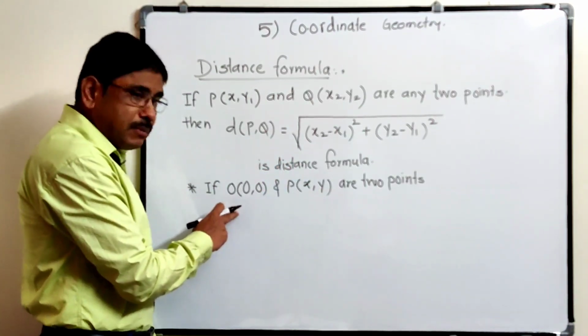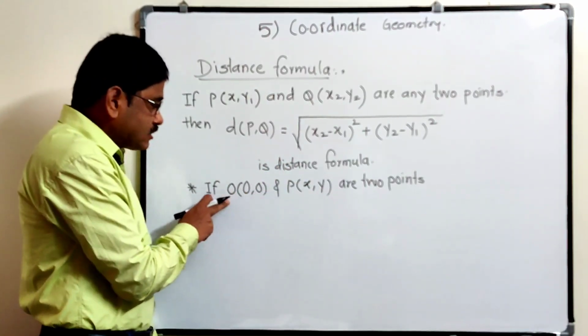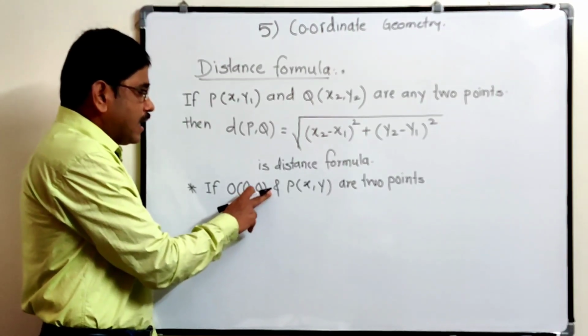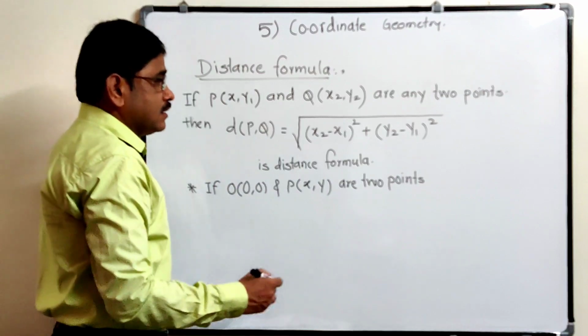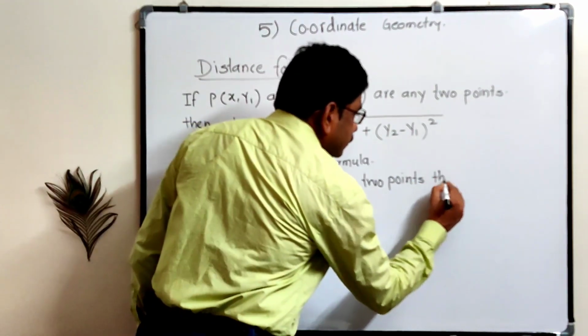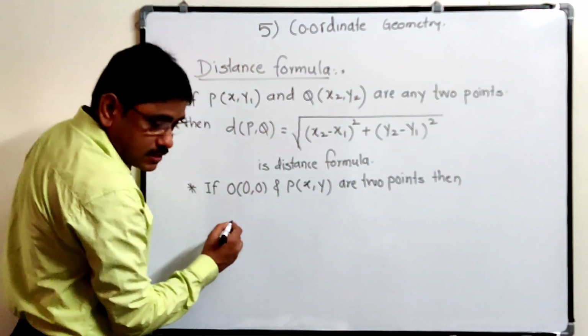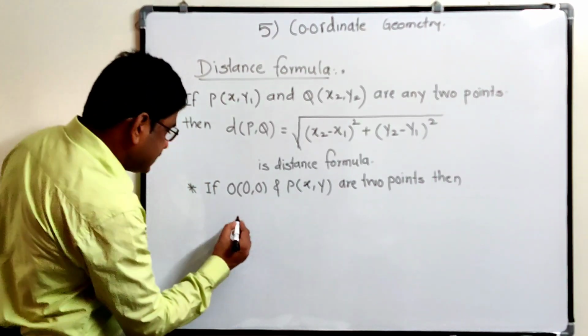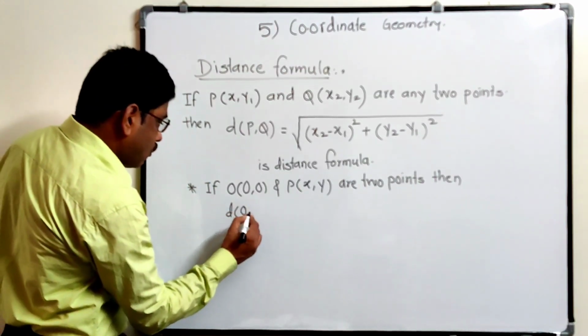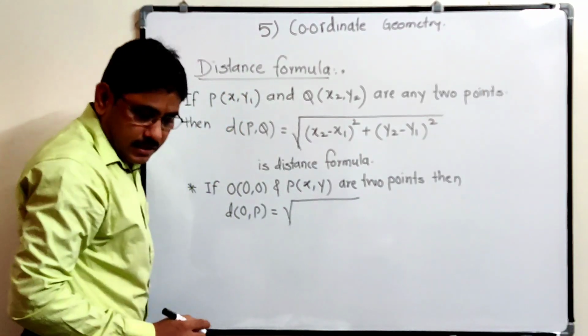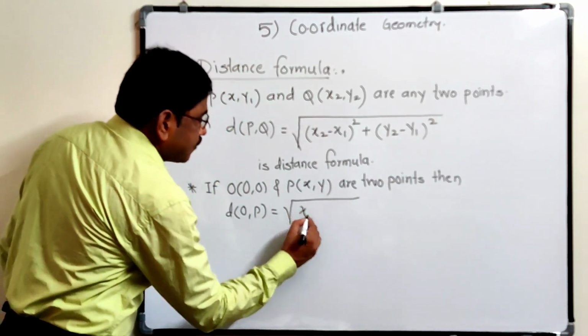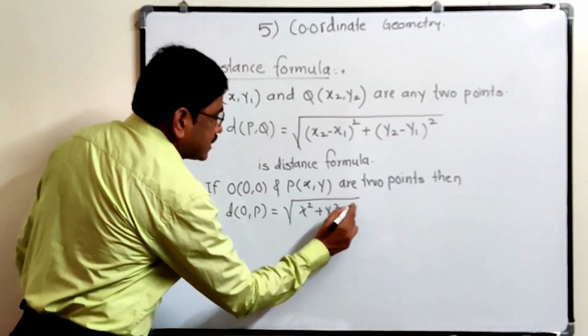If one of the points is origin, means 0 0, and the other point is any point P, then how to find the distance? Distance OP is equal to root x square plus y square.